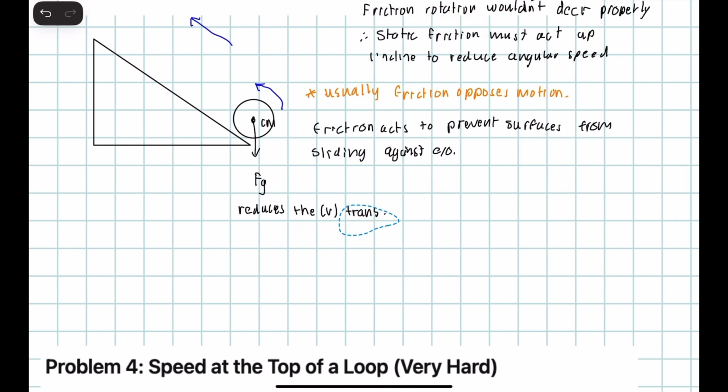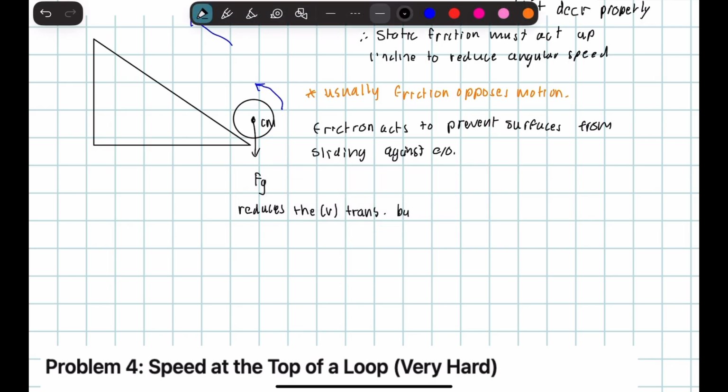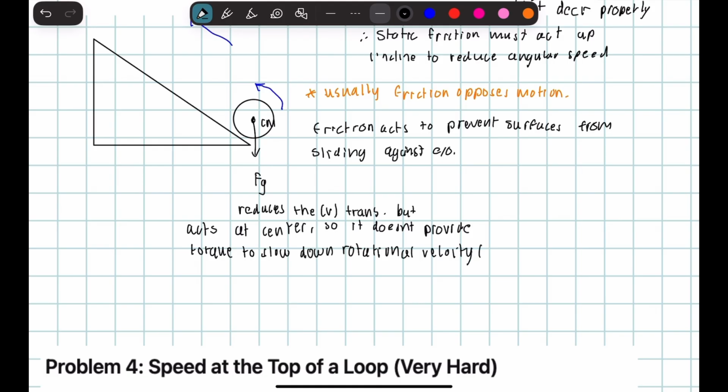But gravity acts at the center, so it doesn't provide torque to slow down the rotation, the angular velocity omega.